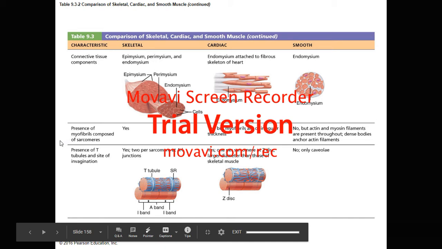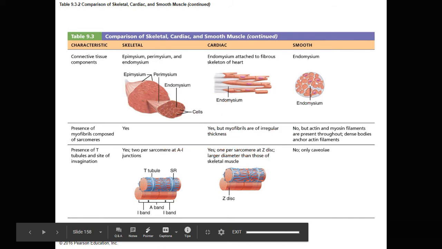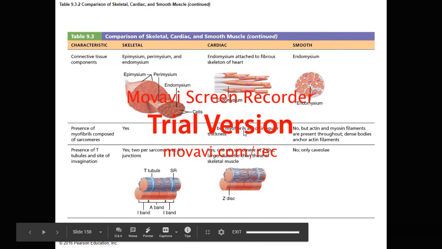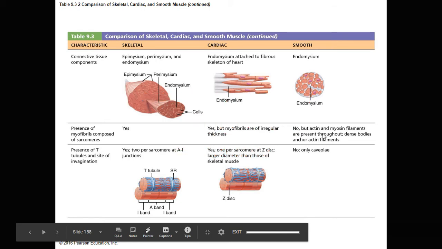Okay, but in your skeletal muscle cell, you have an organelle, the myofibrils. So the skeletal muscle cells are packed with myofibrils. And cardiac has myofibrils, but they're irregular thickness. And smooth muscle does not have myofibrils, but actin, myosin filaments are present throughout. Dense bodies anchor the actin filaments.